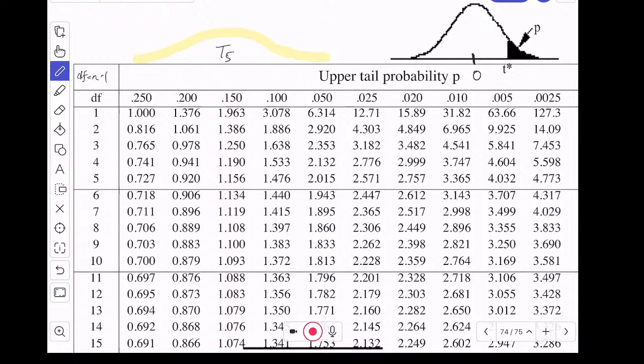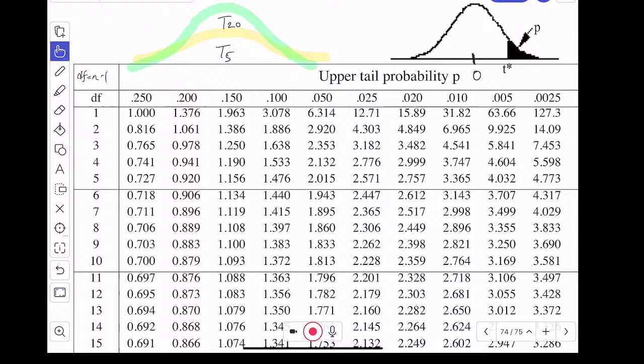And then if you increase this sample size, this gets peakier. It begins to peak, it's tighter. So this will be, let's say, T20. And what happens is, as the sample size increases, the degrees of freedom will increase.